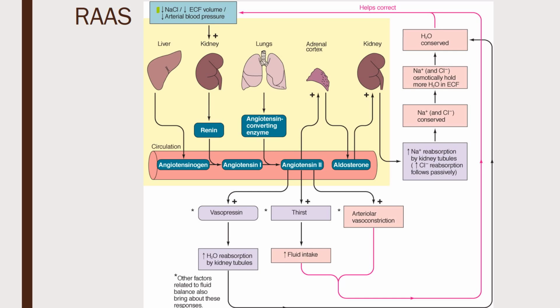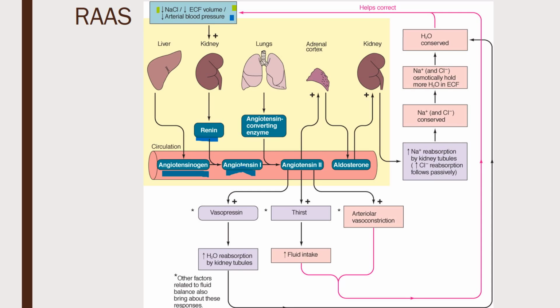All right, so looking at this, when we have a decrease in sodium, a decrease in extracellular fluid volume, or a decrease in arterial blood pressure, then renin is stimulated, and angiotensinogen is converted into angiotensin 1, so the kidneys are ultimately what will detect it.